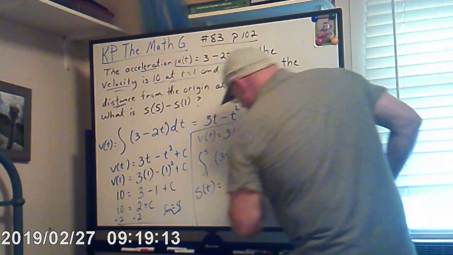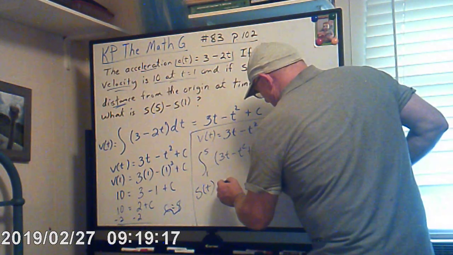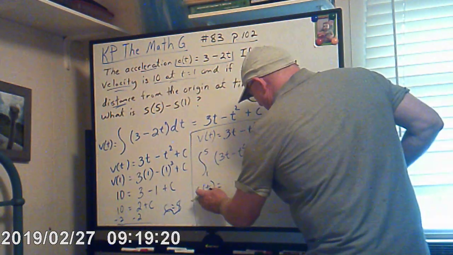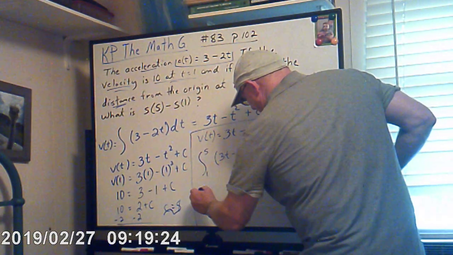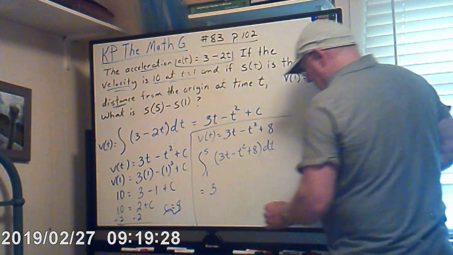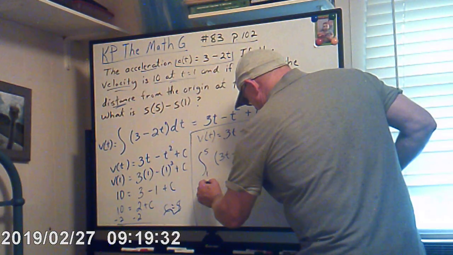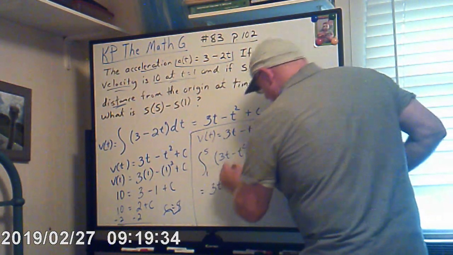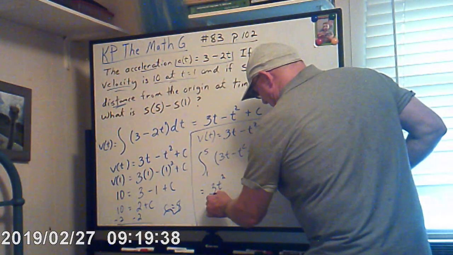That's what that is. Alright, so now let's just keep going. Equals 3 times t. Now I've got to add 1 to that, so that makes that t squared over 2.